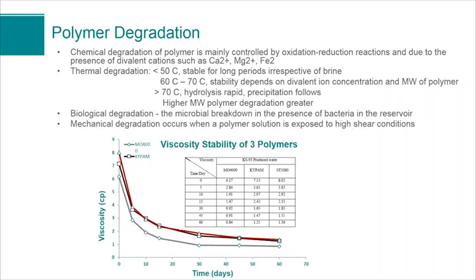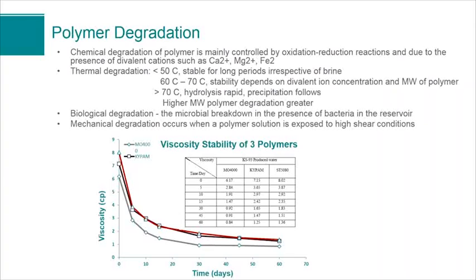Typically below 50 centigrade, the polymer should be stable for long periods of time. Between 60 and 70 centigrade, the stability will depend on divalent ion concentration and the molecular weight of the polymer. Above 70 degrees C, you could get significant degradation or precipitation. And with higher molecular weight polymers, the degradation is greater.